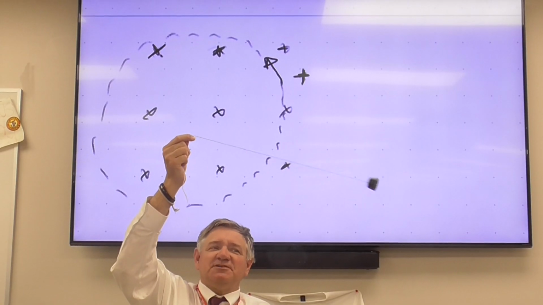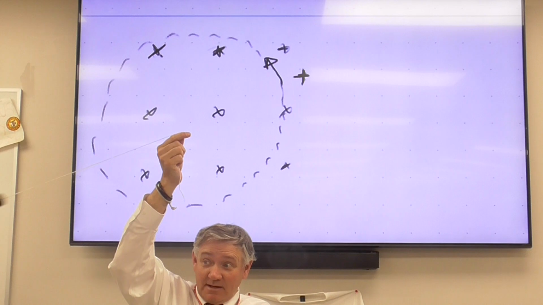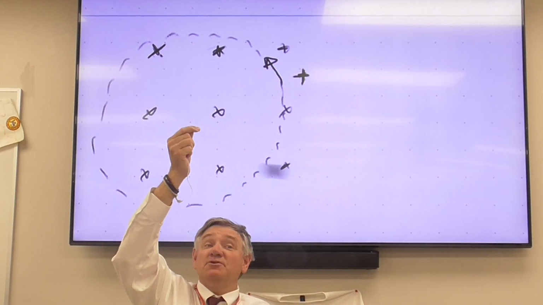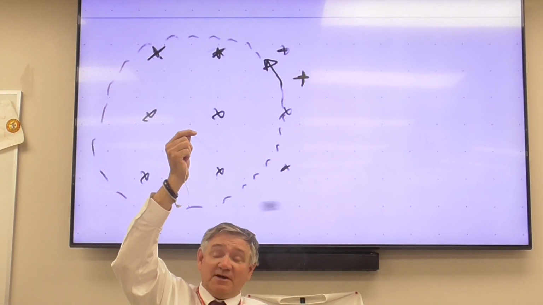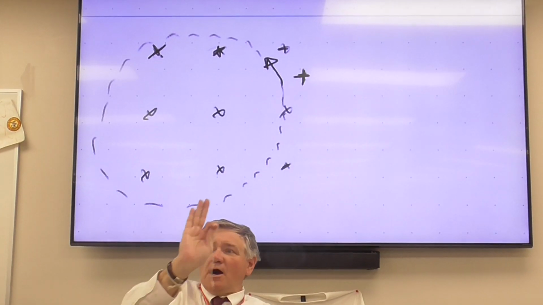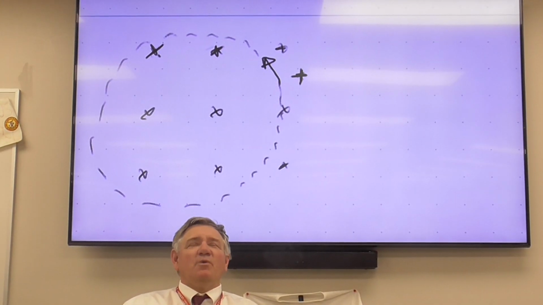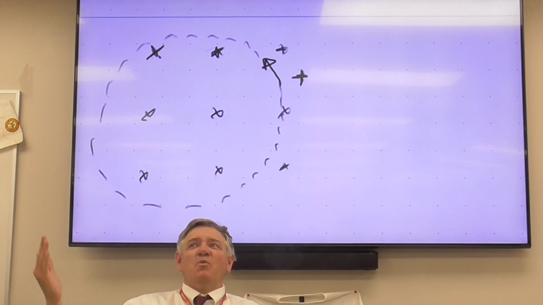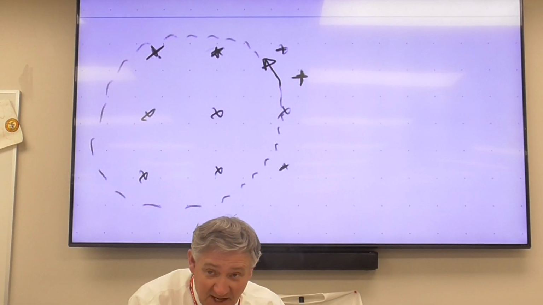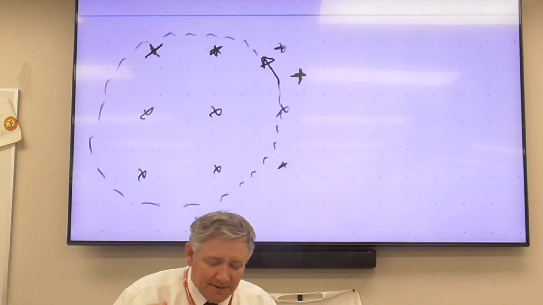What's the direction of the centripetal force? Inward, at a 90-degree angle to the velocity vector. Is there a force pushing it outward? No. Does it want to fly off in a straight line? Yes, because it has inertia.